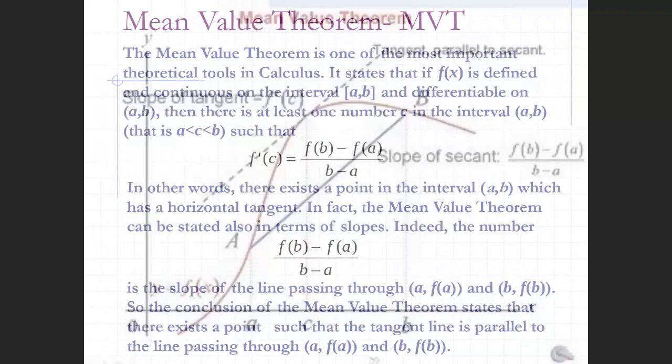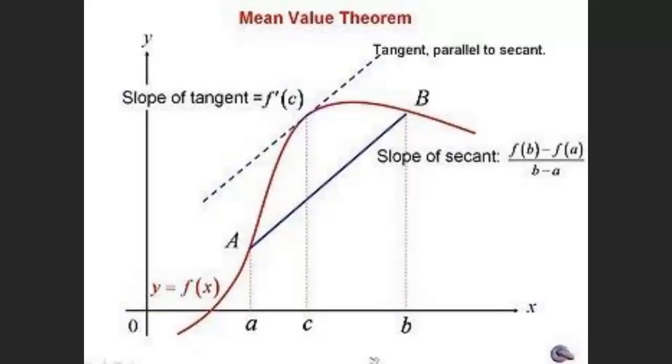Here you can see the graph of the function. There are two points, A and B. When I connect these two points A and B, it will be the secant line.